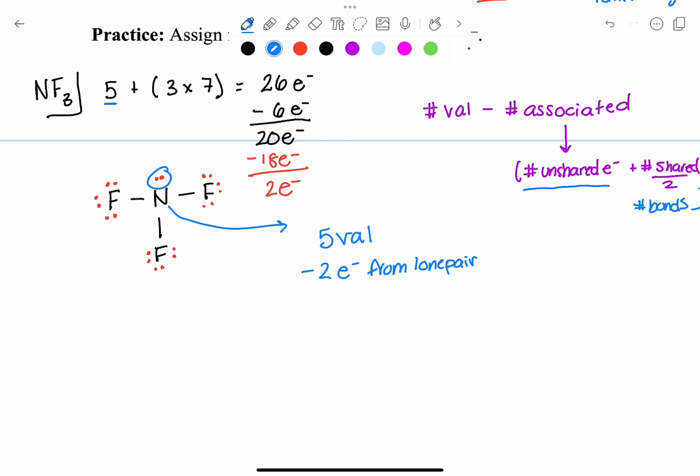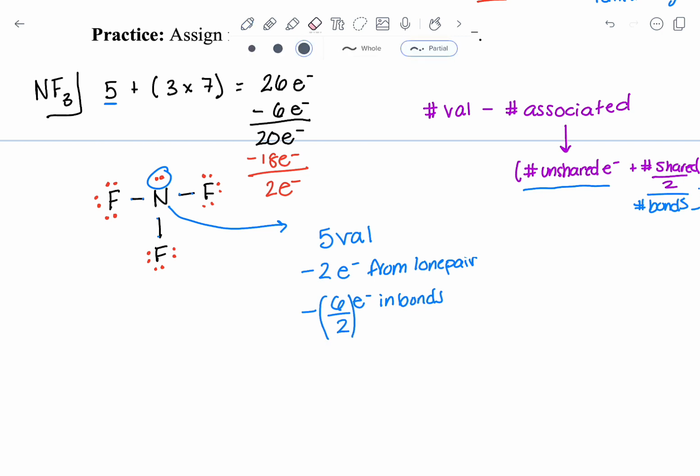And next up, I'm going to subtract off my number of shared electrons divided by 2. So nitrogen has 1, 2, 3, 4, 5, 6 electrons, and I'm going to divide that by 2. So 6 electrons in bonds, which we're going to divide by 2.